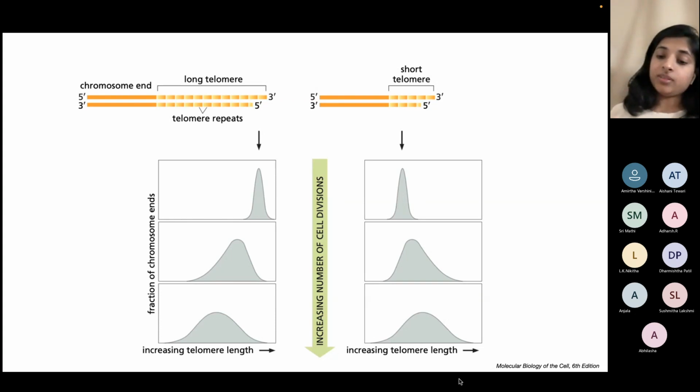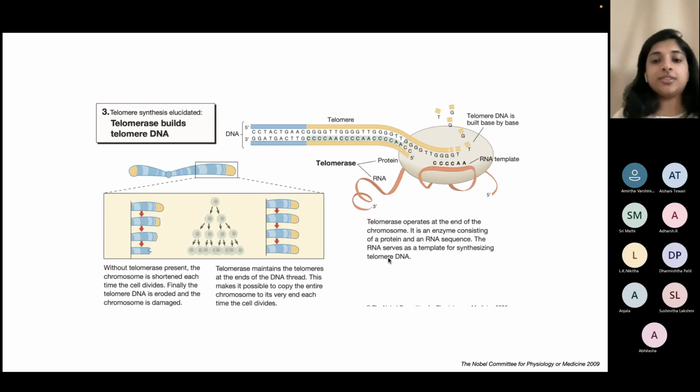So this led the scientists to ask the question as to how are these telomeric ends regulated? How does the cell make sure that it always is in this particular range only? So for this, they identified this enzyme known as telomerase, which is basically a complex that is capable of synthesizing these repeats and adding them to the ends of chromosomes.